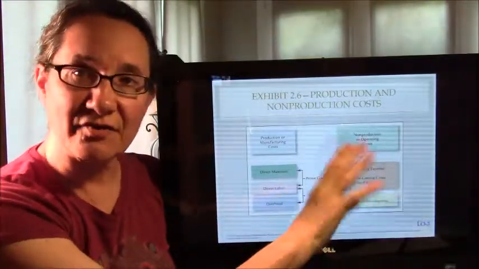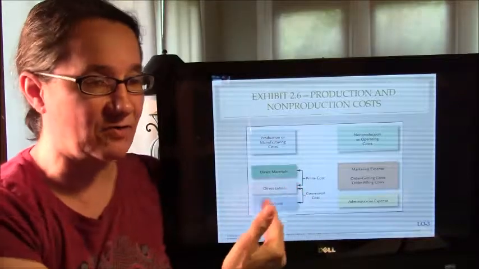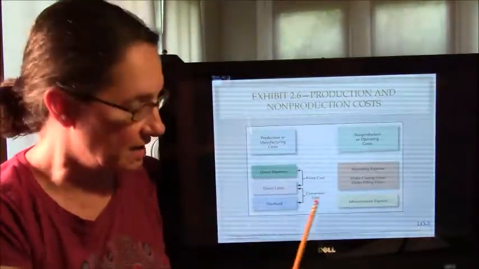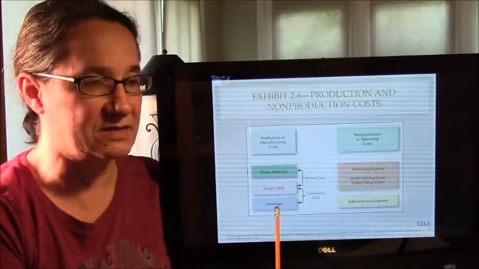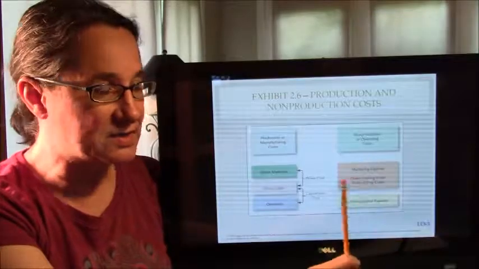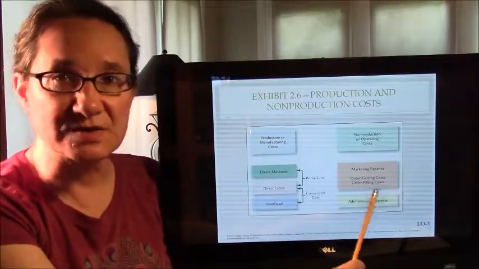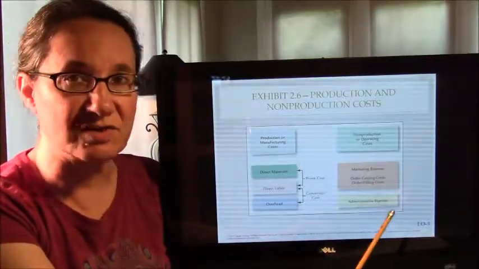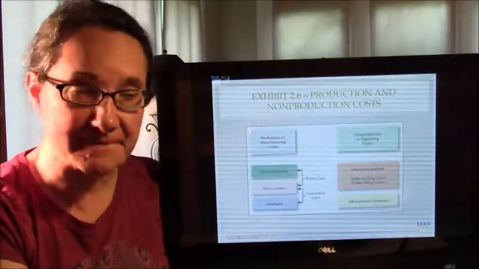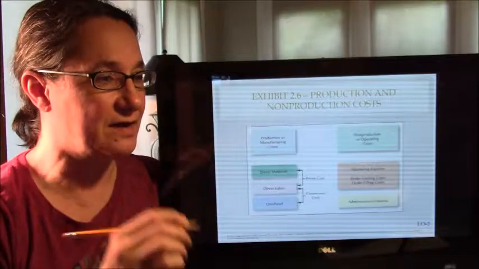You're going to also have some other expenses that are not part of overhead, and this tends to be a little confusing to students, so I want to reiterate it. Not everything is overhead. There are some marketing expenses and what some textbooks call selling expenses and administrative expenses that are broken out separately on the financial statement. All right, so keep that in mind.